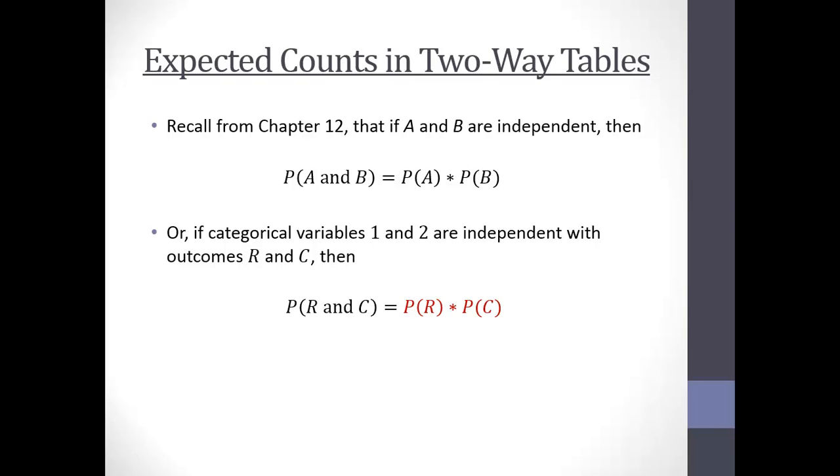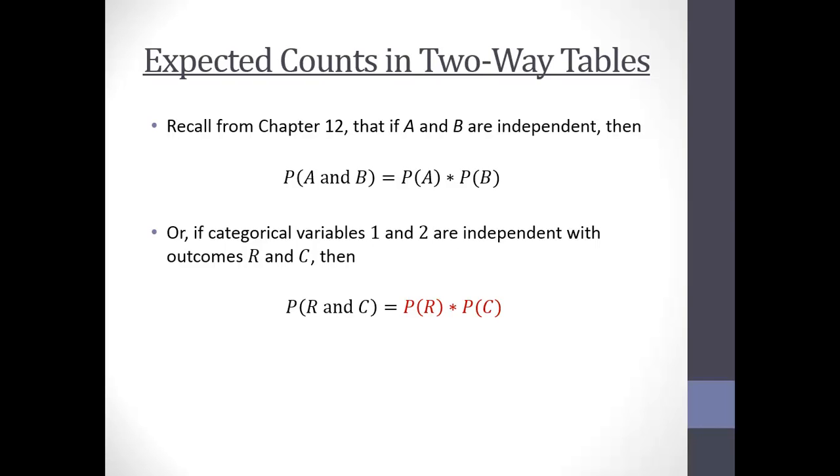Coming back to chapter 12 material, or maybe chapter 10 actually, if you remember all the way back to that, we had that if we have two events, A and B, and they are independent, then the probability of A and B is equal to the probability of A times the probability of B. So similarly here, if we have two categorical variables, categorical variable A and categorical variable B, and those two variables are independent, then if there are two outcomes, we'll say R and C, like upper class and former smoker, the probability of being in both of those groups, or being in just a single cell, is equal to the probability of the first thing times the probability of the second thing. So it's the same idea.